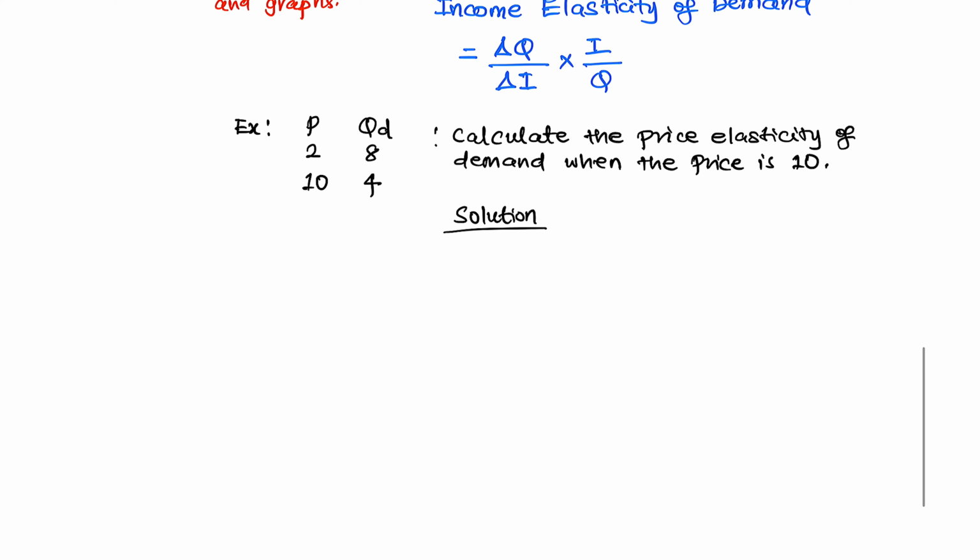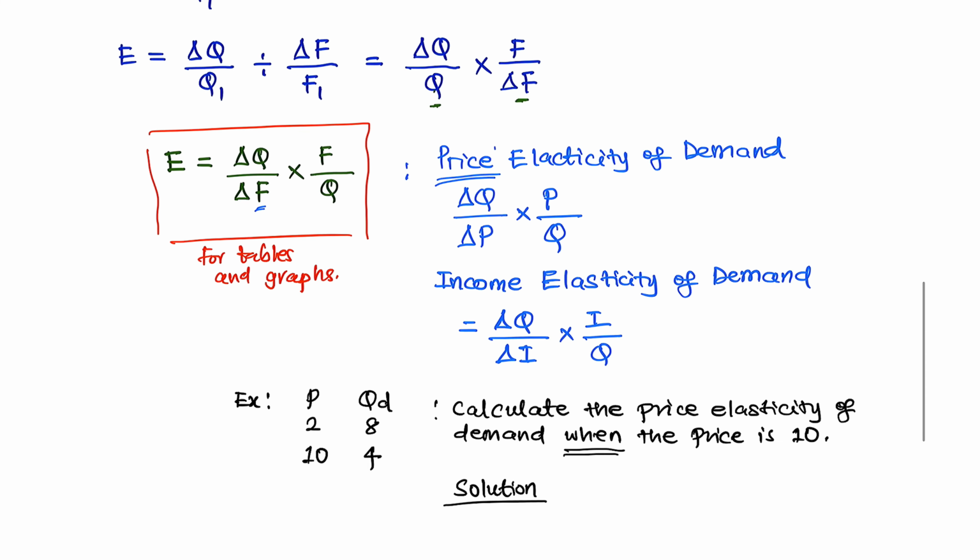As we've explained previously, we can see that the question is a point elasticity because the keyword is when. And the values we have here are given to us in table format, not in percentages. So we use this formula.